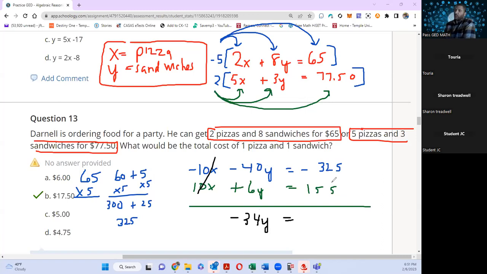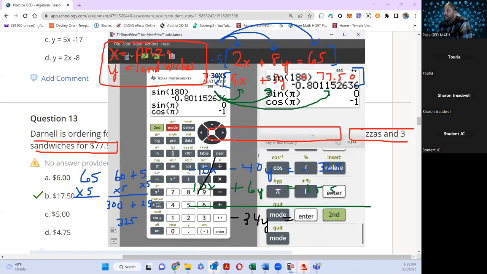Equal, and what's minus 325 plus 155? We're going to add them. That's what I got, negative 170.